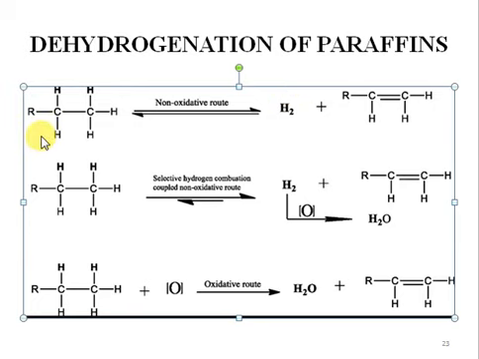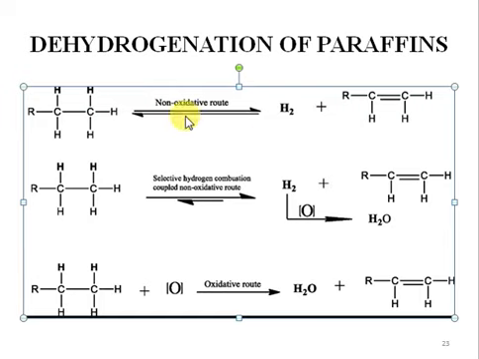So what we do is that we make use of Le Chatelier's principle, and according to Le Chatelier's principle, if you remove one of the products, then the reaction will move in the forward direction. So the hydrogen produced in the reaction, we react with oxygen. And when this hydrogen reacts with oxygen, it is converted into water, and the water is eliminated from the reaction medium, right? So in this case, we are removing the hydrogen produced in the reaction and we are shifting this reaction to the forward direction.